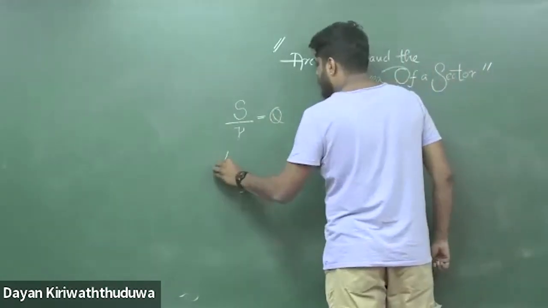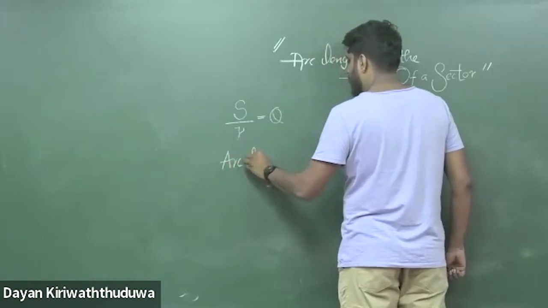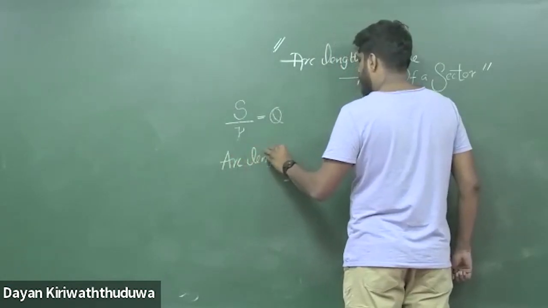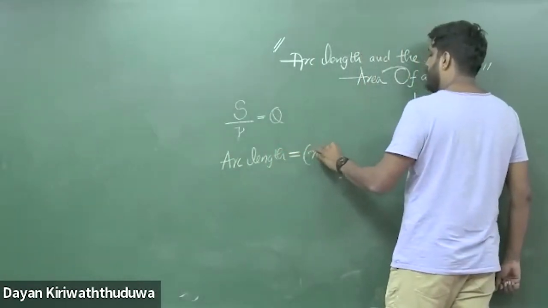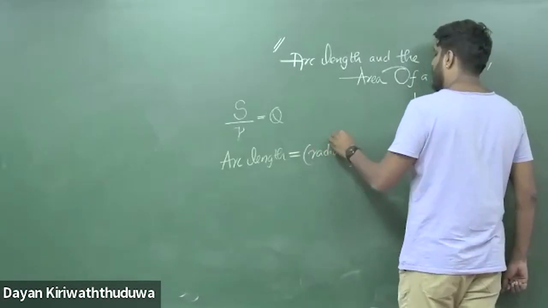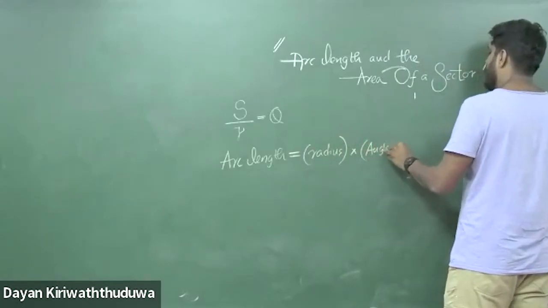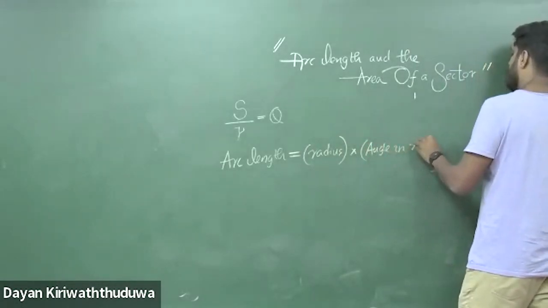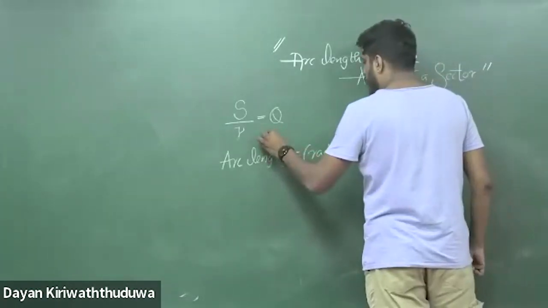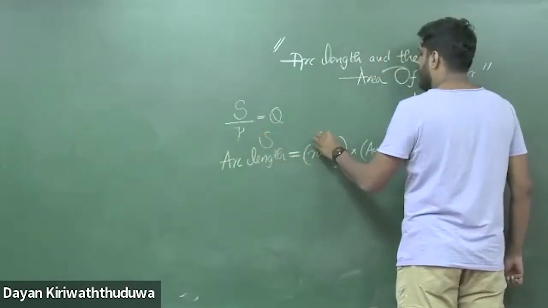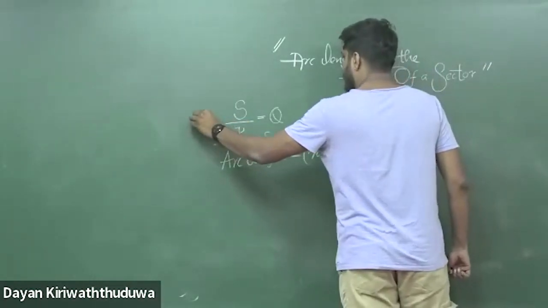Therefore, arc length, S, is now equal to radius multiplied by the angle in radians. This is what we write in a shorter form as S equals R theta. Same thing, right? So this is coming from the definition, isn't it?